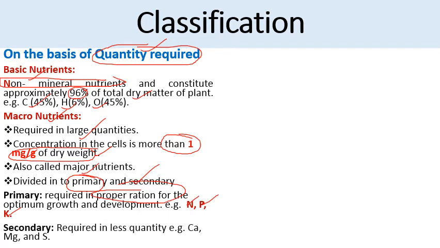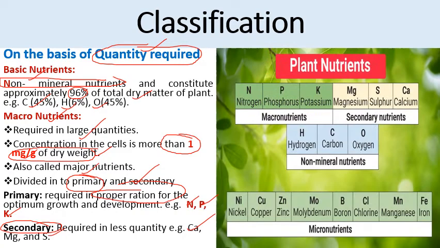Then the next is secondary major or macronutrients. These are required in less quantity as compared to the primary ones. For example, we have calcium, magnesium, and sulfur. So this is the classification of macronutrients, that is primary macronutrients and secondary macronutrients. Then we have these non-mineral nutrients like hydrogen, carbon, and oxygen.